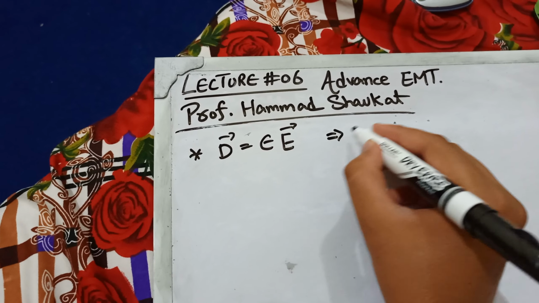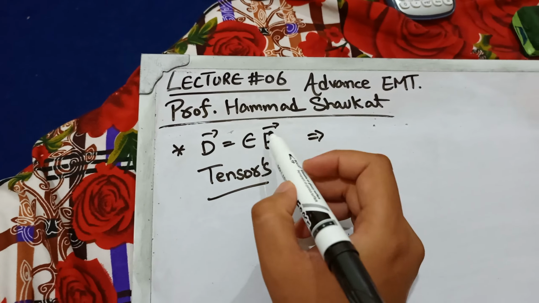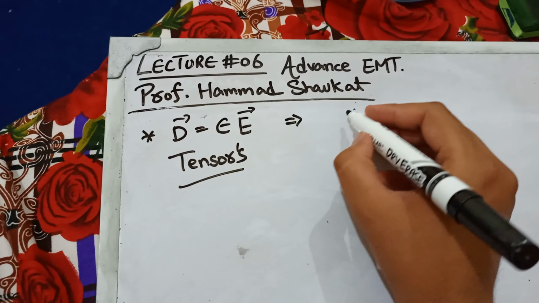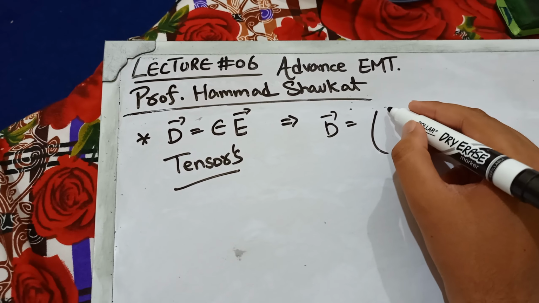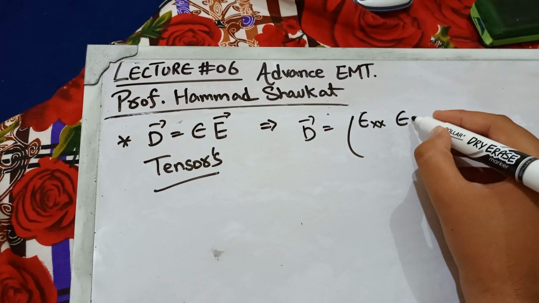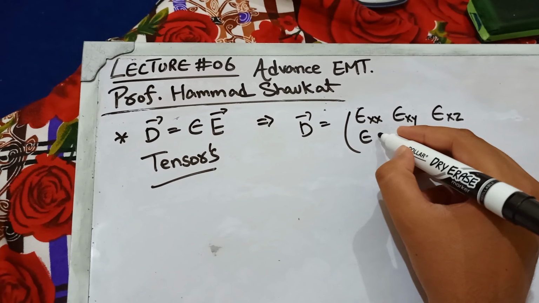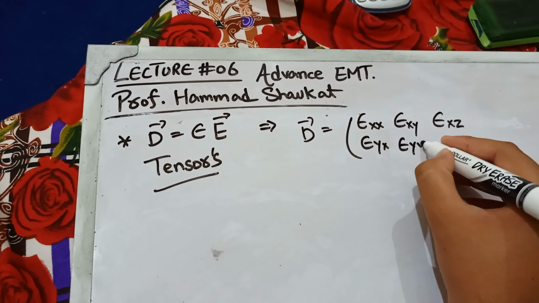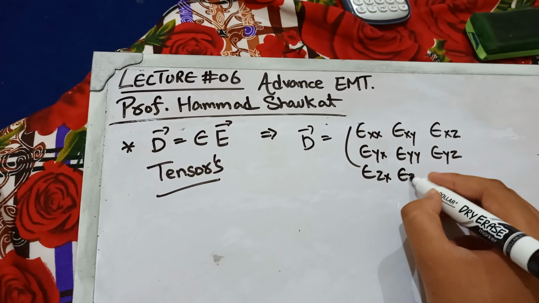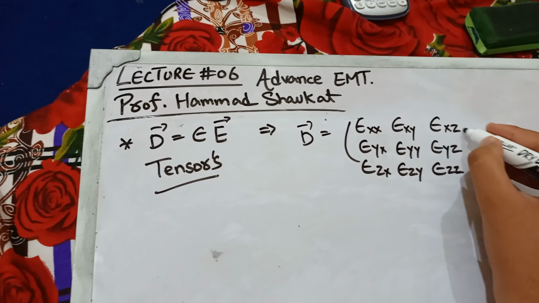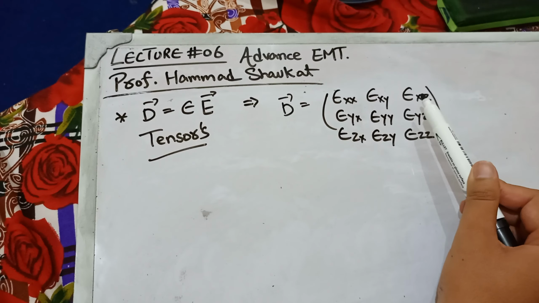So in the case of tensors, when both of their directions are not similar, your D matrix equals, you can write it as here, epsilon xx, epsilon xy, epsilon xz. Similarly epsilon yx, epsilon yy, epsilon yz, similarly epsilon zx, epsilon zy, and epsilon zz. So you can see all directions are not similar: xx, xy, xz.